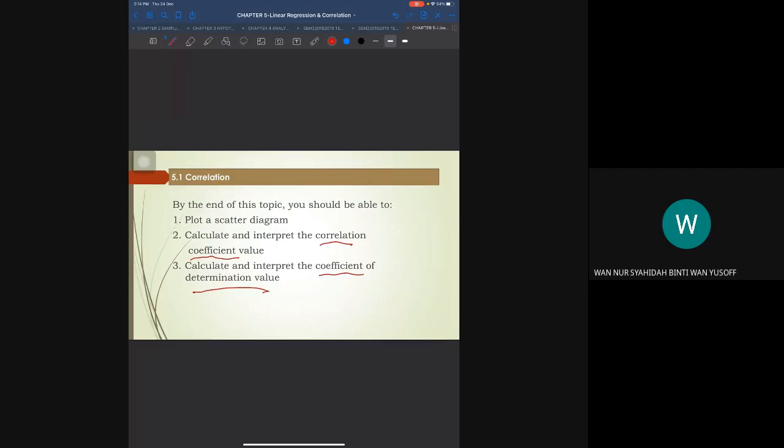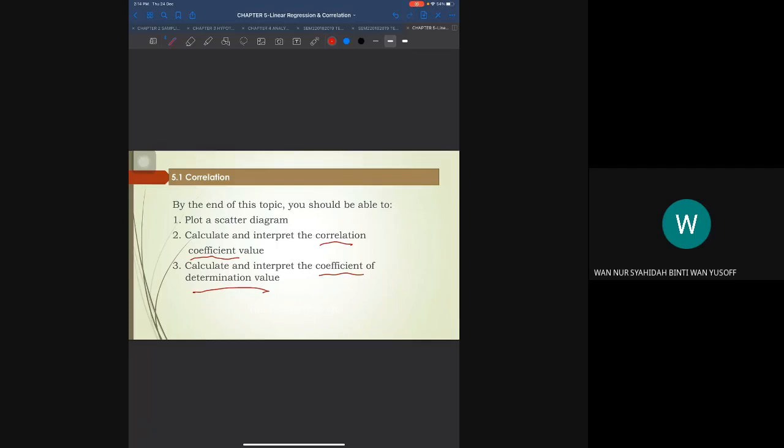Because in your assessment, we have quiz 5 and also the final for this chapter. In your assessment, we do not use the notation in the question. What we use is the term, coefficient of determination value, so you have to know what that is.